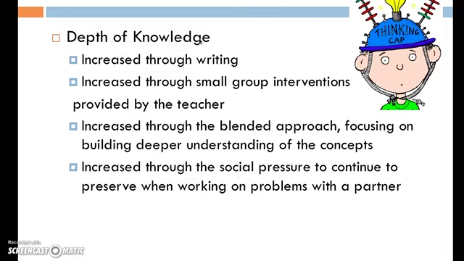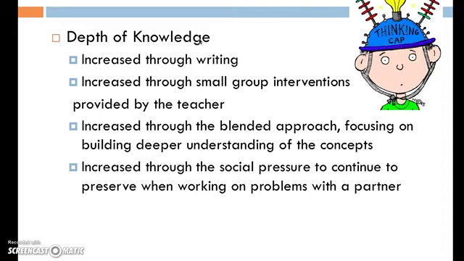It's also increased through small group interventions provided by the teacher. Again, the teacher can rotate throughout the room or stay at one station and see all the students. And it's in those small group interventions that the teacher can give real specific tips and hints on directing the student.